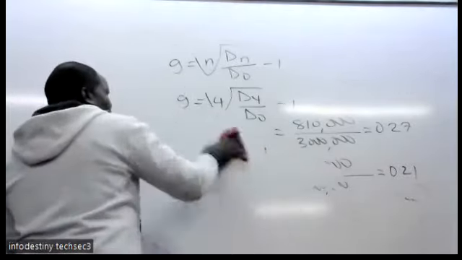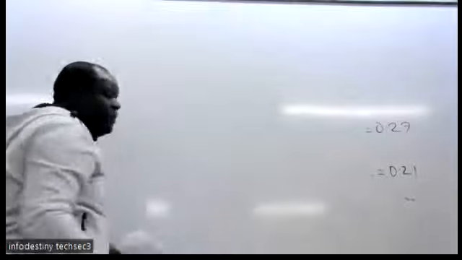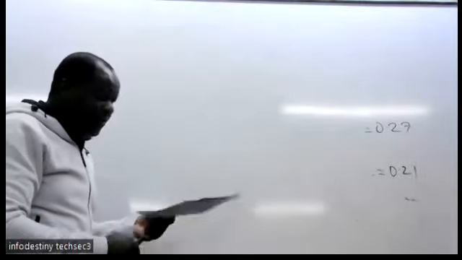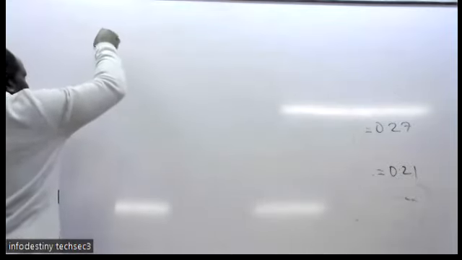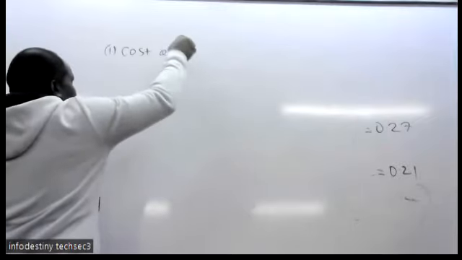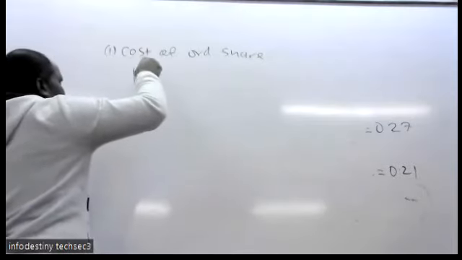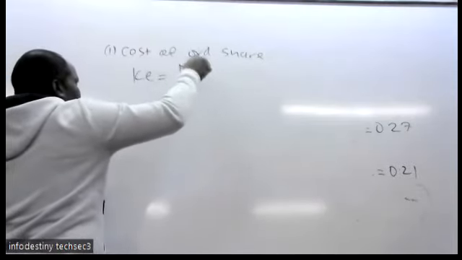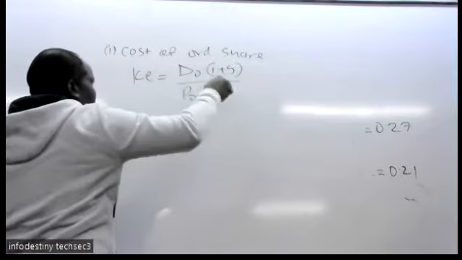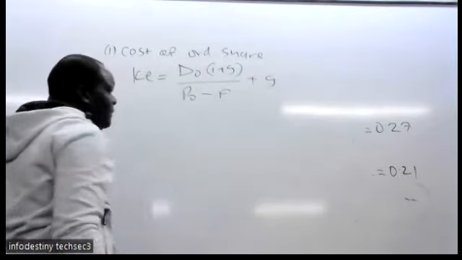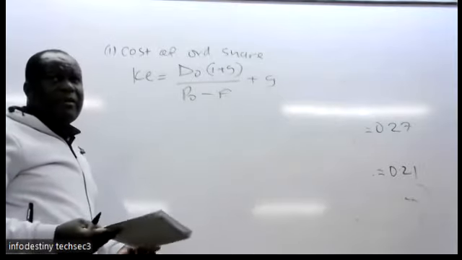That is the same as KE, which should be D0 (1 + g) divided by P0 minus the flotation cost. So our D0 is the last dividend that was paid.